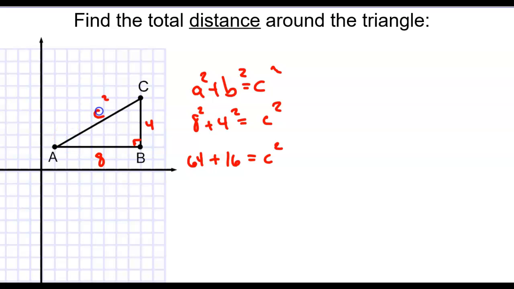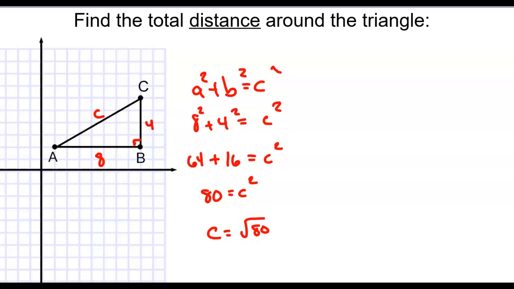C is this one right here. A and B are the two shorter sides, so 64 plus 16 is 80, equals c squared. We don't want c squared, we just want c. So c is the square root of 80.